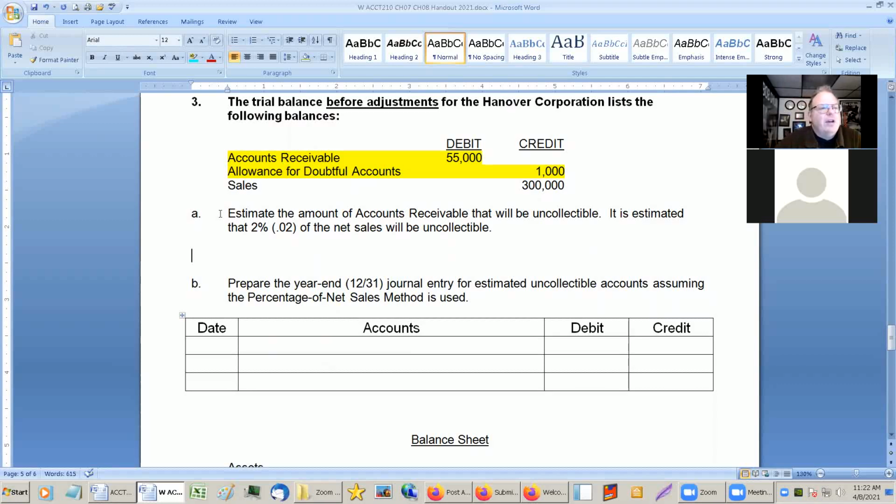Okay, so here we go. We're going to make an estimate. It's not going to be 100% correct. Never is. You don't have a crystal ball. And we estimate that 2% of the net sales will be uncollectible.